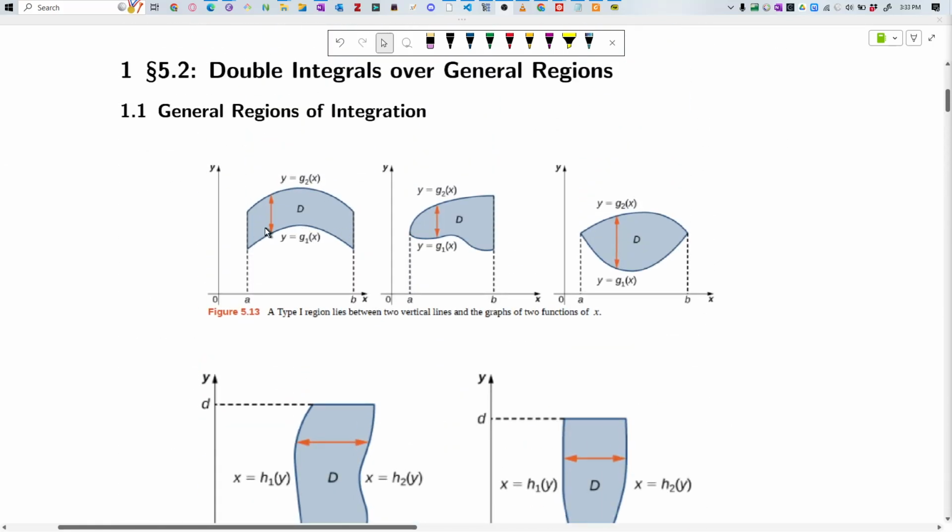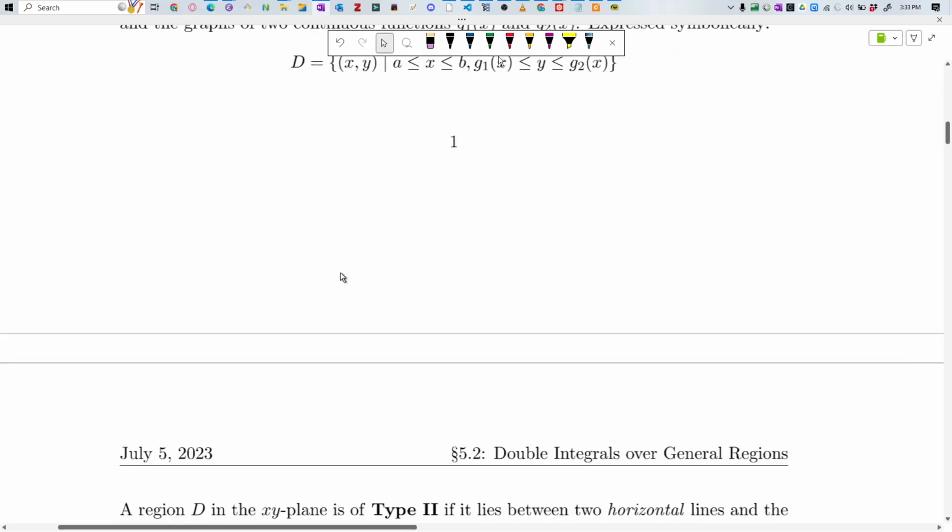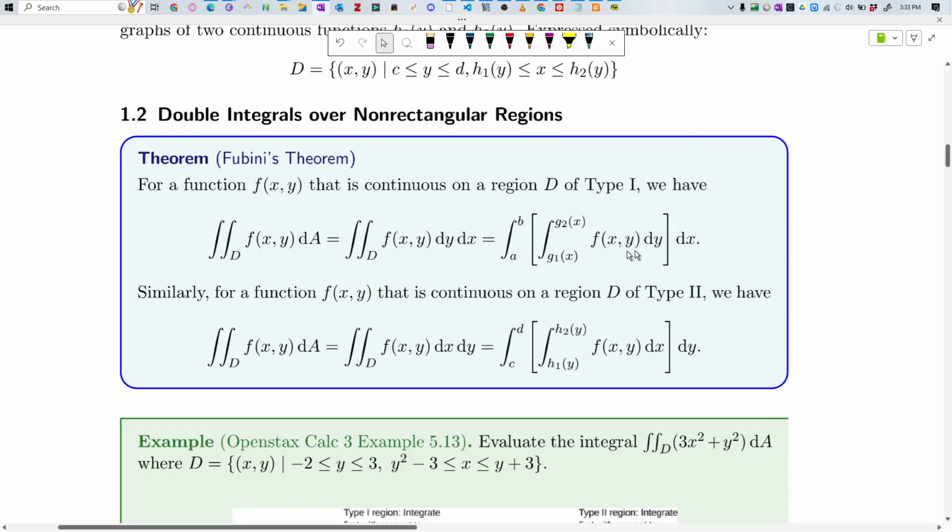So pictorially, it is like we sweep over y first inside, and then we subsequently sweep over x. So that is what this iterated integral represents.